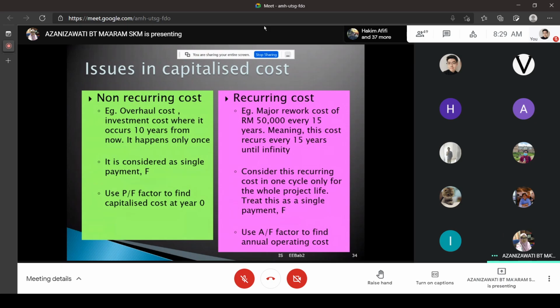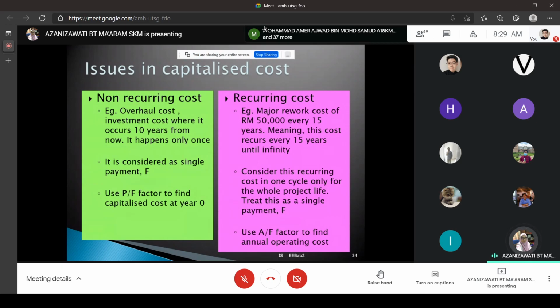But for recurring cost, for example, you have a major rework cost of 50,000 every 15 years. This cost recurs every 15 years until infinity. So in year 15, we will withdraw 50,000 for rework cost.